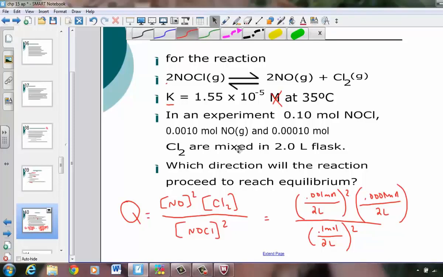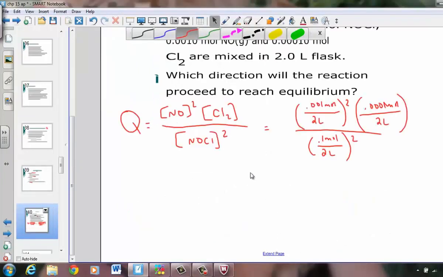And we get a number that reads 5 times 10 to the negative 9th, and that's no unit, it's the number we call Q, the reaction quotient. Q is equal to 5 times 10 to the negative 9th.